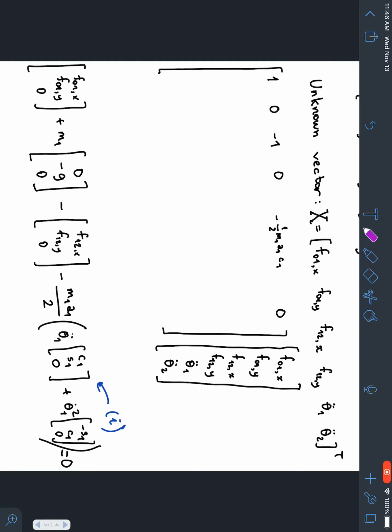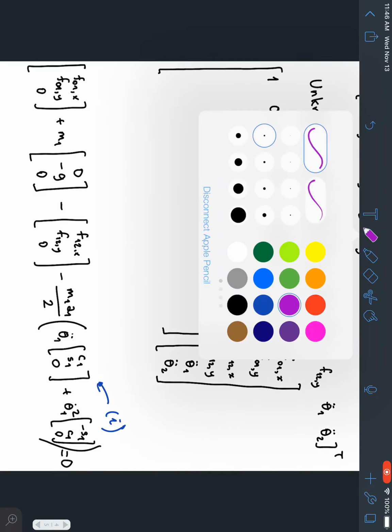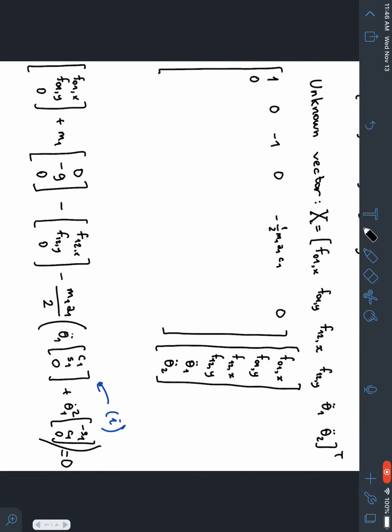Now I'm looking at the second equation here, and I'm looking at the components or the coefficients of the unknowns in that equation. What is the coefficient of f01x there? It is 0, right? So put a 0 here. What's the coefficient of f01y? 1.